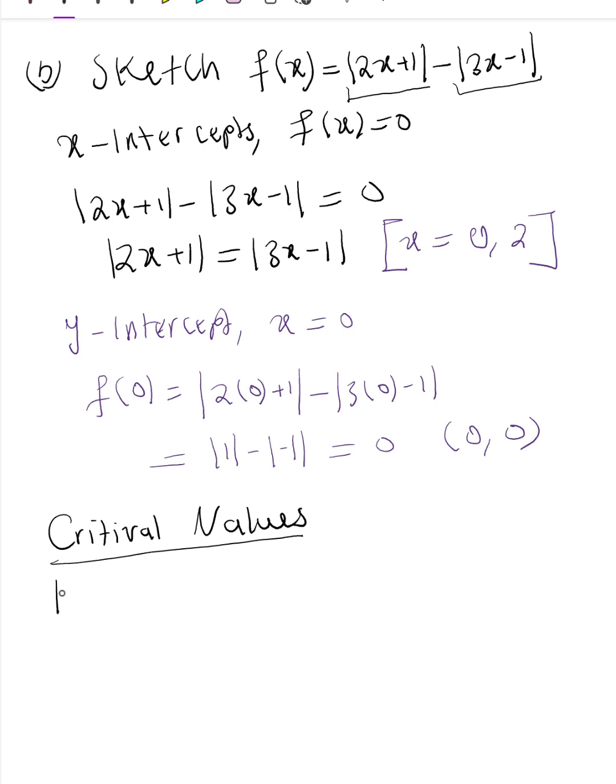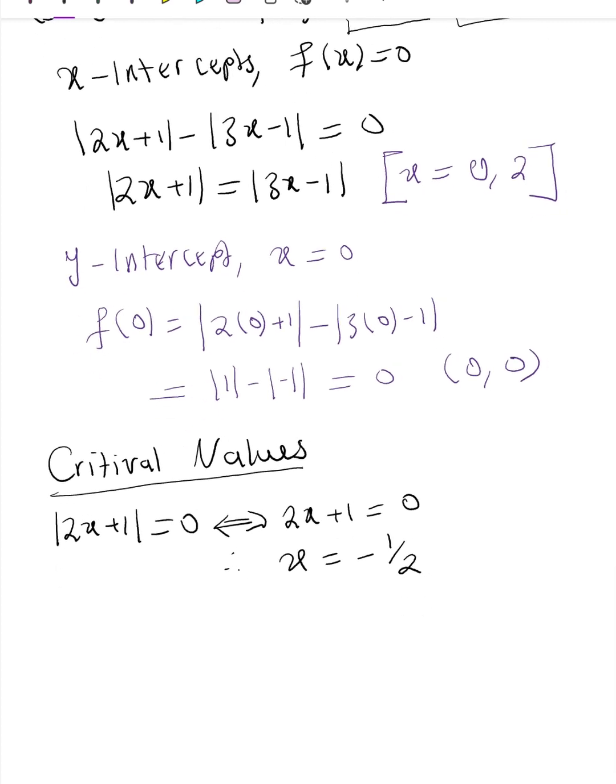So 2x plus 1 is equal to 0, which implies that x is equal to negative 1 over 2. And the second part is 3x minus 1 is equal to 0. This is true if x is equal to 1 over 3.